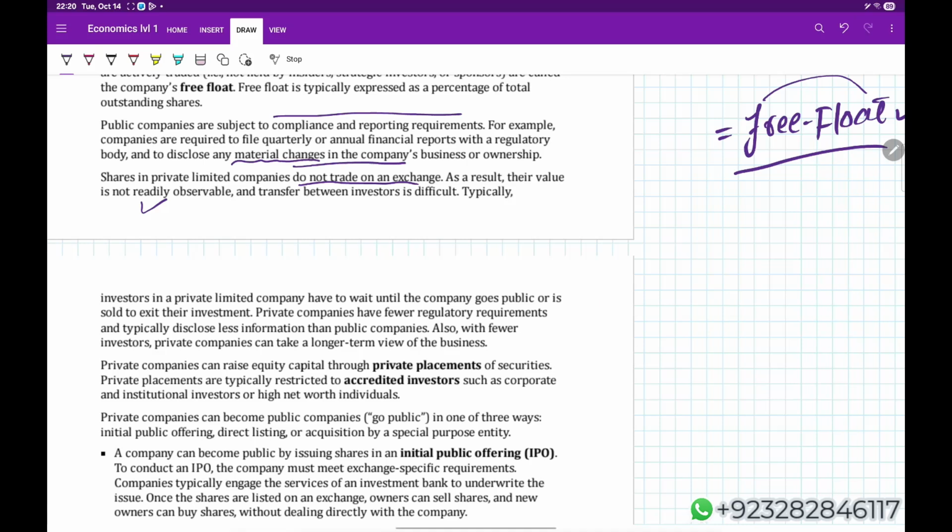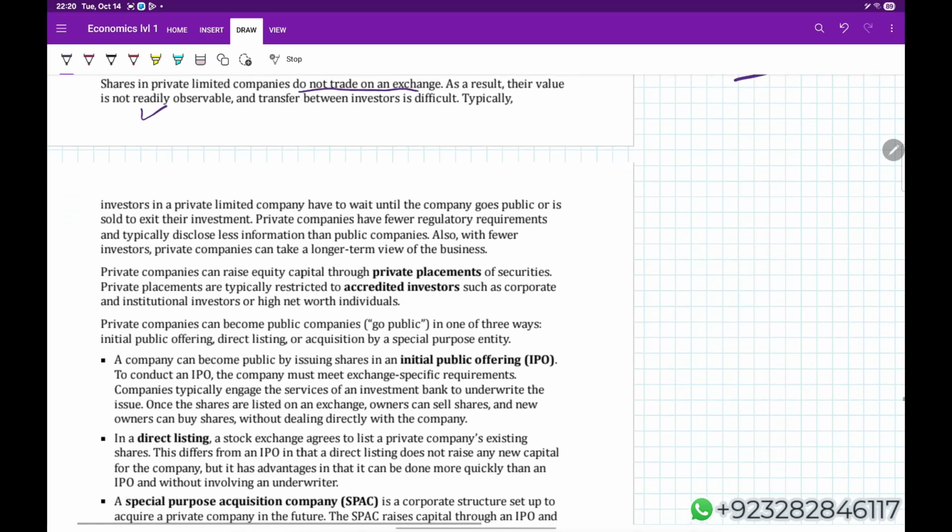Rather, we have to use complex financial models or valuation techniques for valuing the private companies. And most of the time, the price is negotiated between the investors and the private companies.